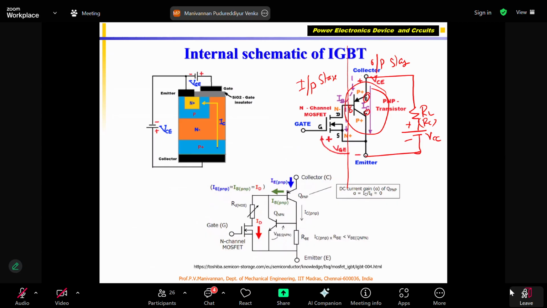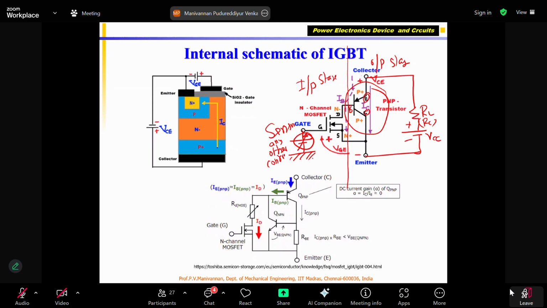So where is my input given? My input signal is given here. This can be a sensor or any other input from another device like a microcontroller, something as a control input. It will be supplied as voltage.